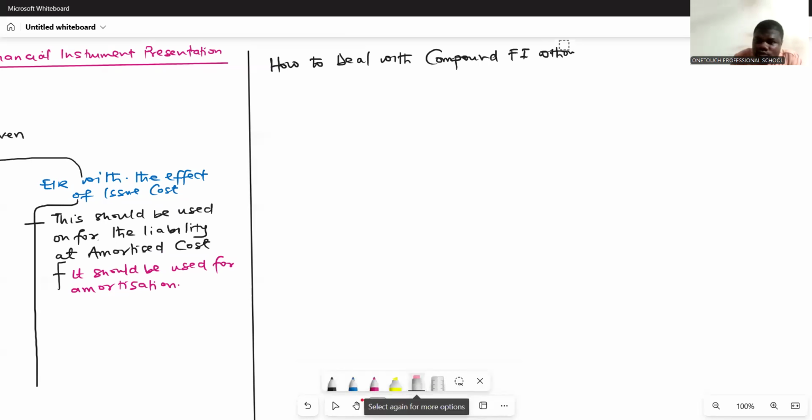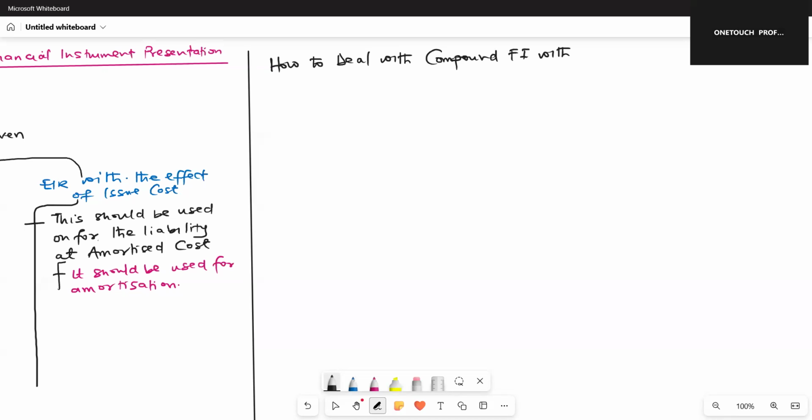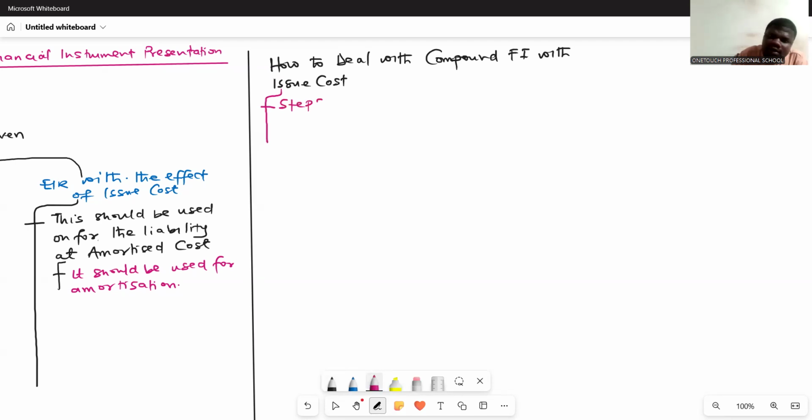What we did the last time was without issue costs. This is with issue costs. By the way, do you have any question? Okay. With issue costs, please let's go through the steps.